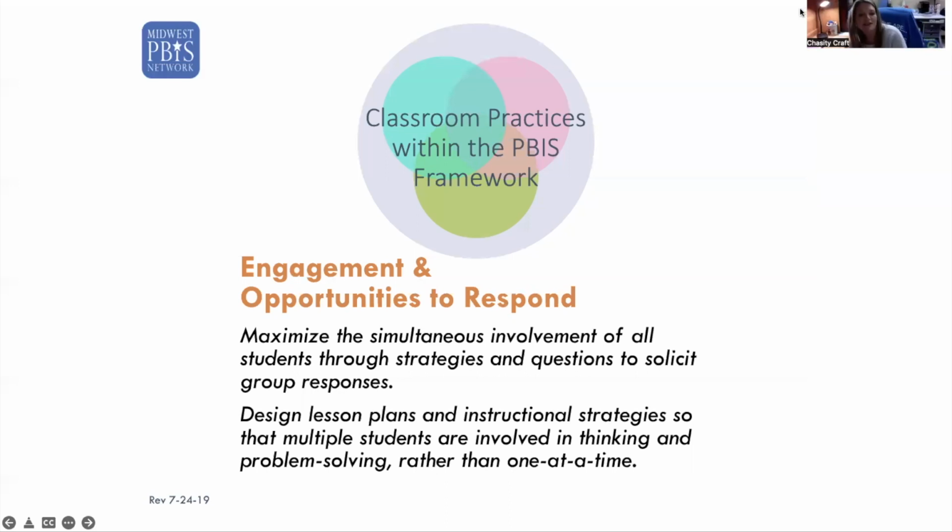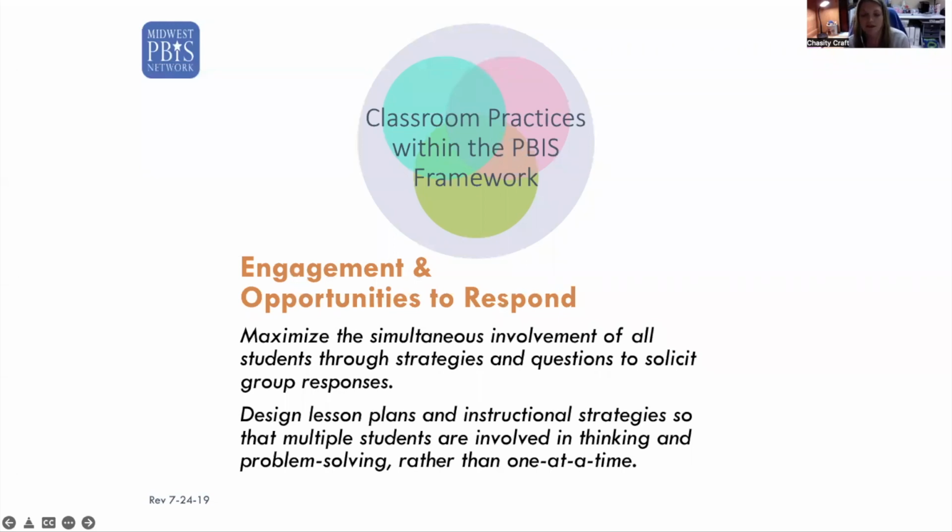Another one too, when you're thinking about kids that may not know the answer, but in order to get them involved, and again, it goes back to a practice that Anita Archer does. When she's teaching vocabulary, she will tell the answer.